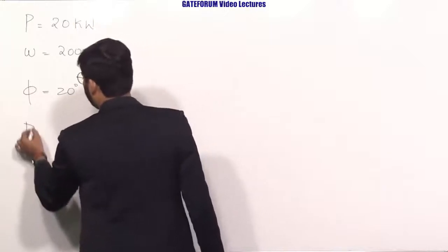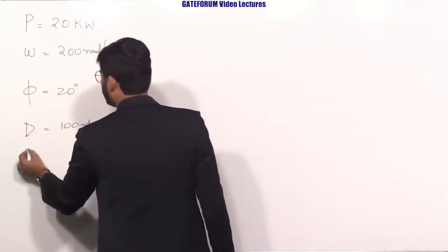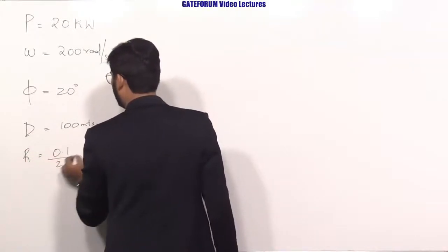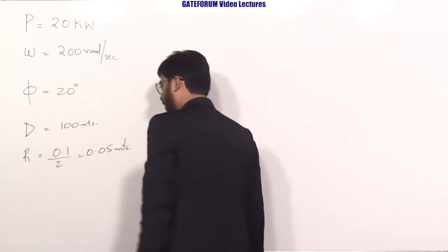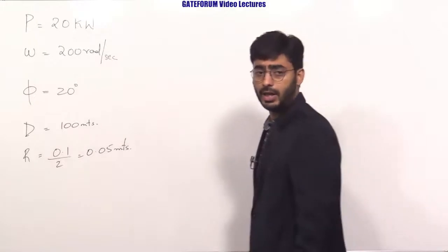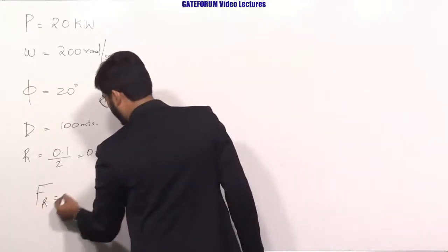So diameter D is equal to 100 mm, that is radius equal to 0.1 by 2, that is 0.05 meters. The magnitude of force applied in the radial direction, he is asking you to calculate Fr.